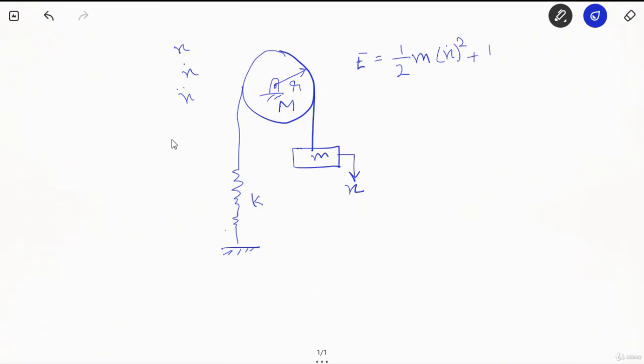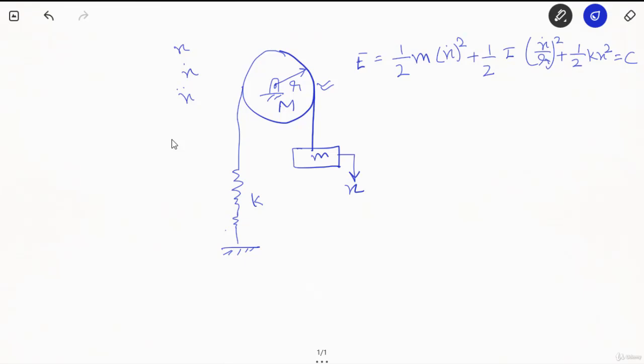Again, plus the rotational energy of this pulley system because the mass is considerable, so half I omega square, with omega being x dot by r, plus the potential energy of the spring, half k x square.